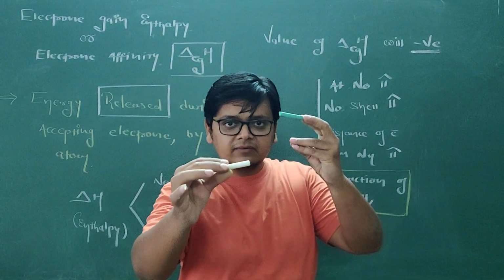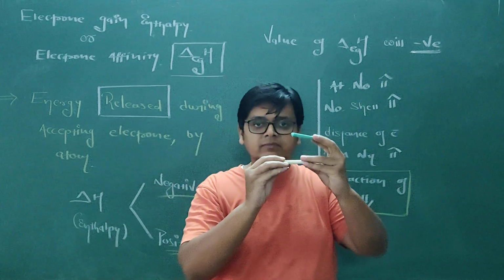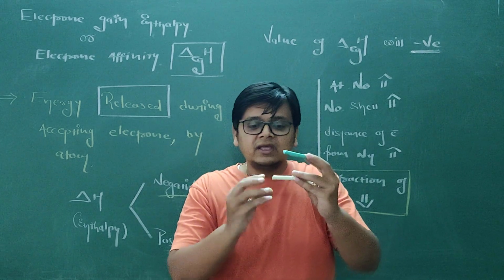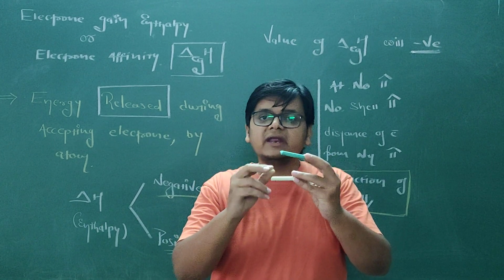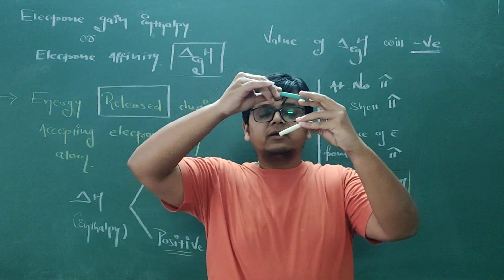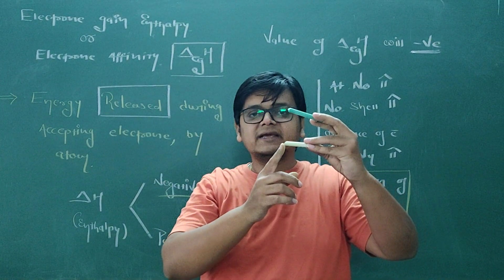While this element releases less energy because it does not require an electron anymore, so the value of electron gain enthalpy is less negative. So at the top, the value of EGH is more negative. At the bottom, it is less negative.